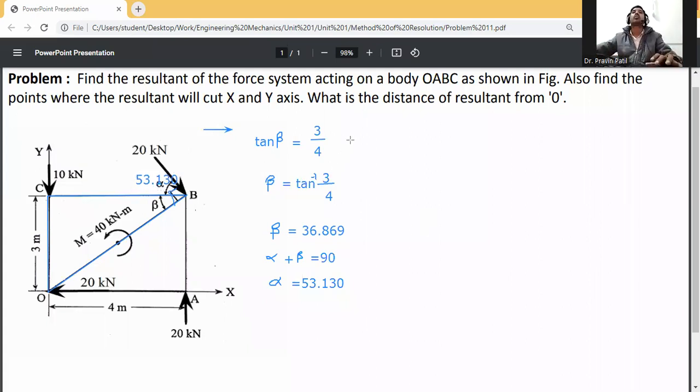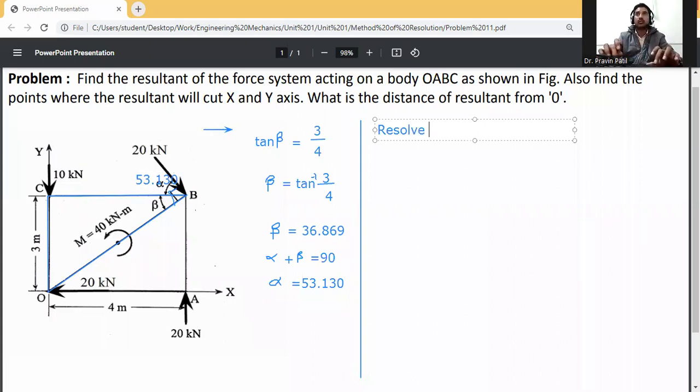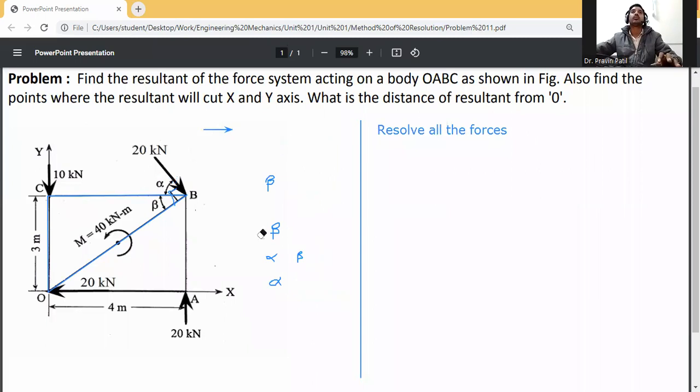Now resolve all the forces. First of all, resolve this 20 Newton load. The angle is 53.130 with respect to horizontal.